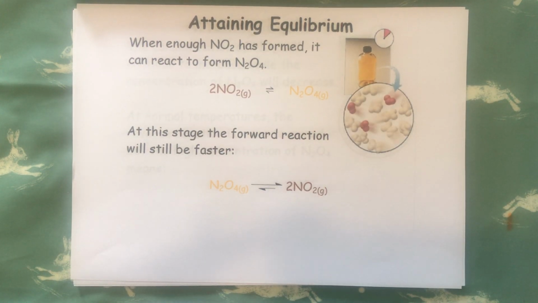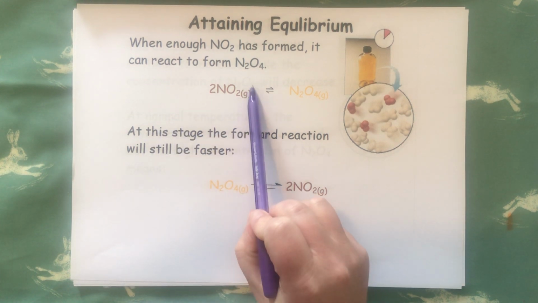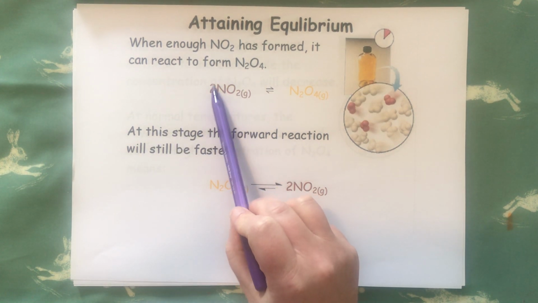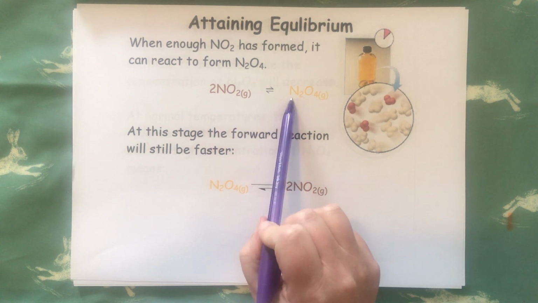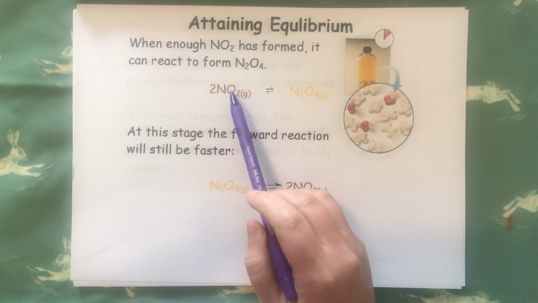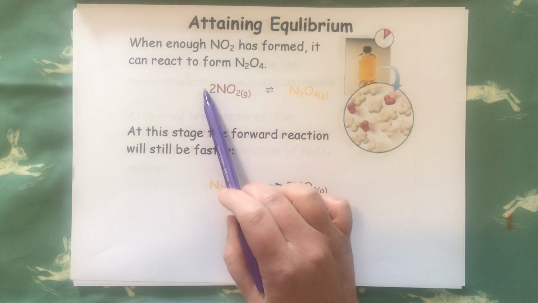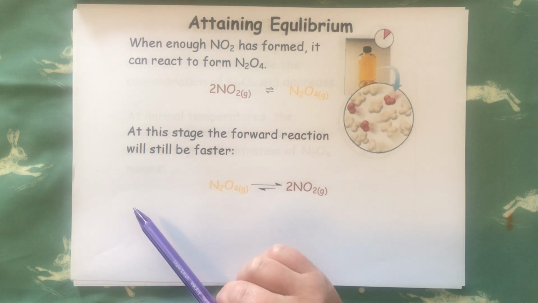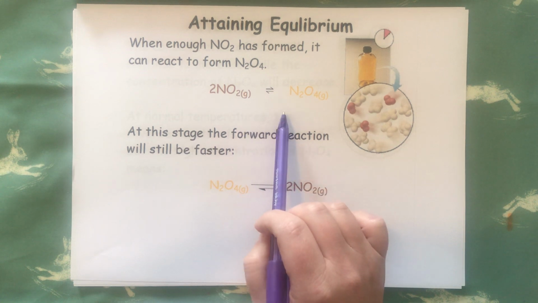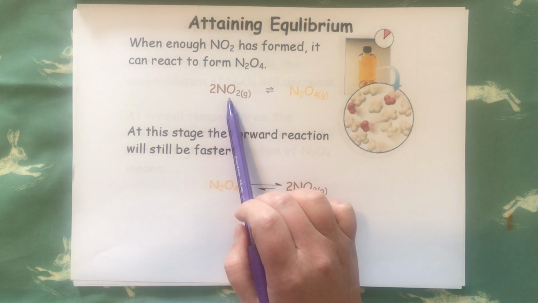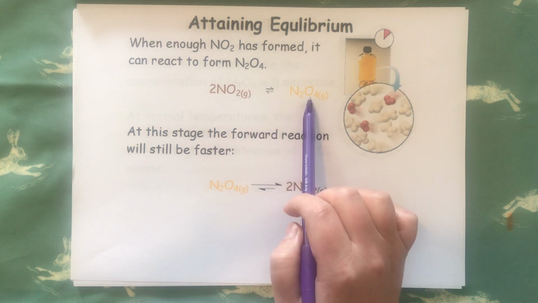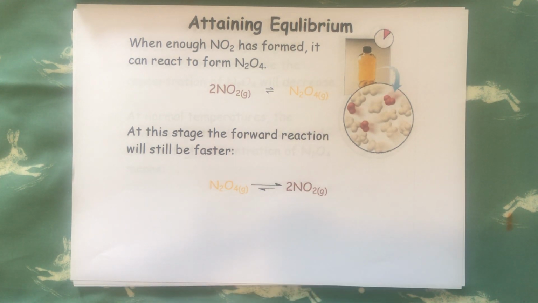Now, as that reaction happens and we get a higher concentration of nitrogen dioxide, the reverse reaction starts to happen. So rather than just seeing an increasing concentration of this brown colour, we begin to see it lighten again as the reverse reaction happens, as these two nitrogen dioxide molecules form or reform the dimer.